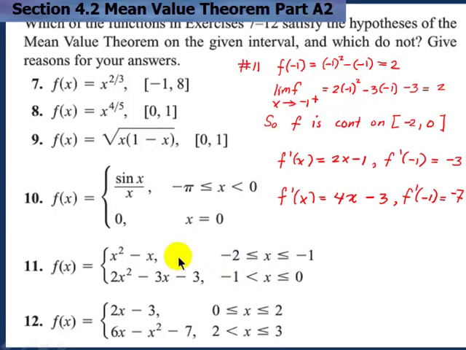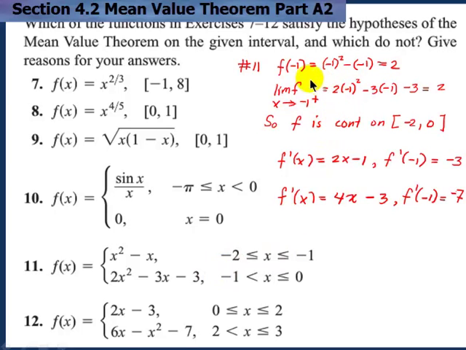In other words, f of x is defined as x squared minus x from -2 to -1. And then from -1 to 0, it's defined in this way. So what we will do now is to make sure whether the function is continuous at -1.